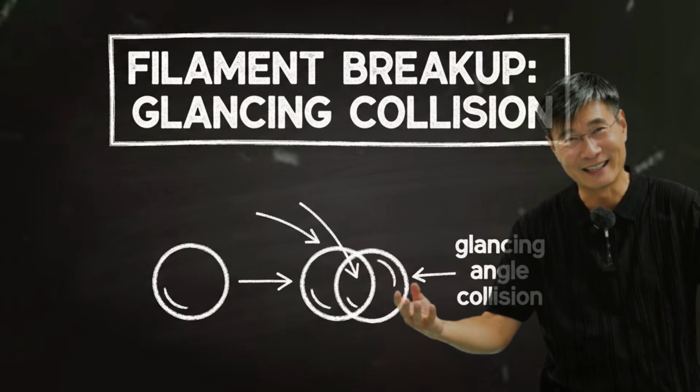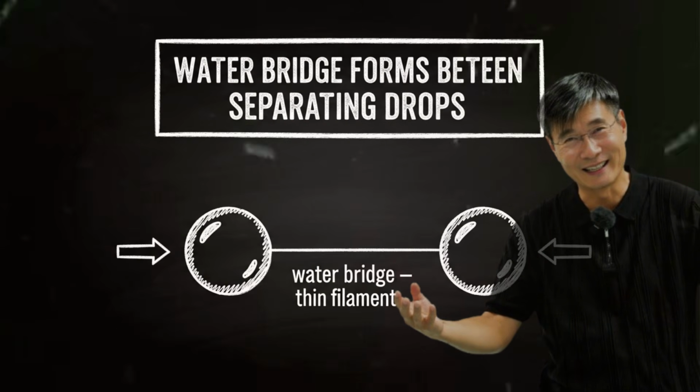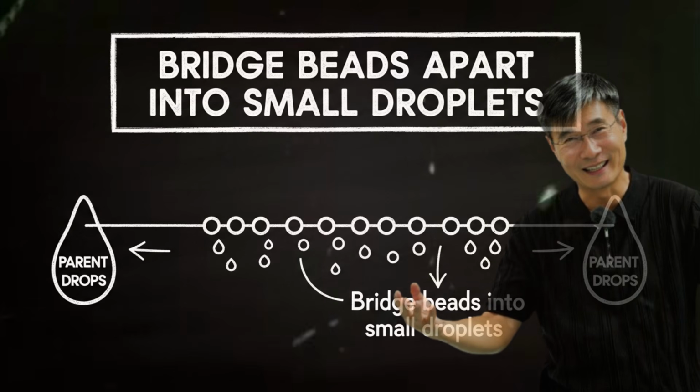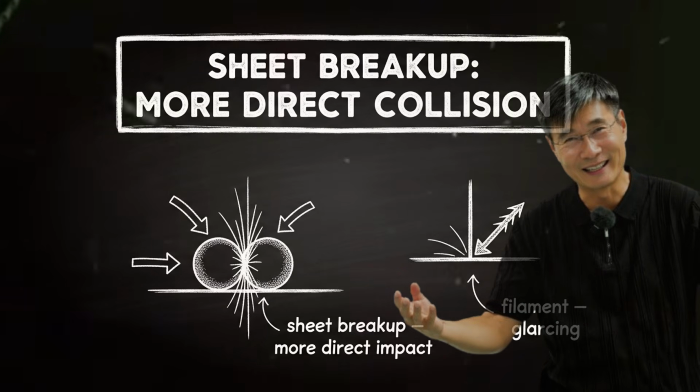Filament breakup, where 2 drops collide at a glancing angle, briefly merge, then separate, leaving a thin water bridge that beads apart into small droplets while the 2 main drops mostly survive.